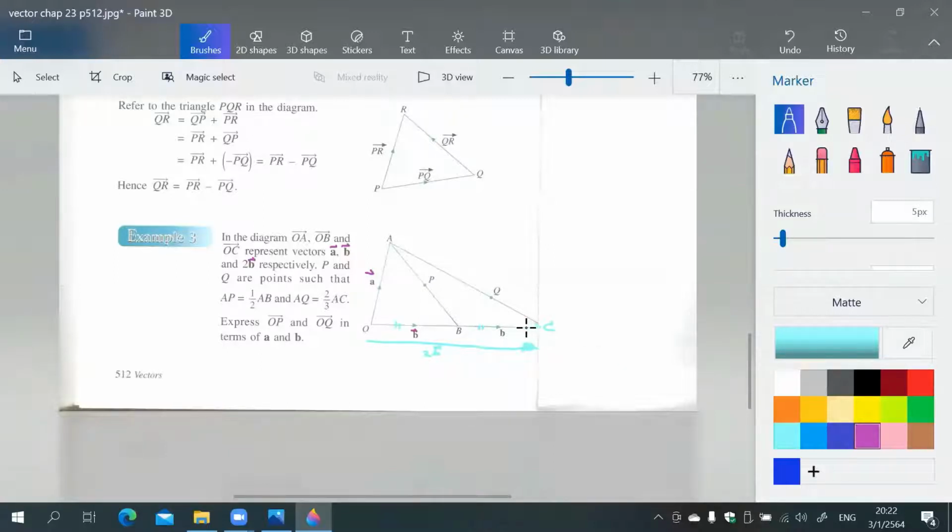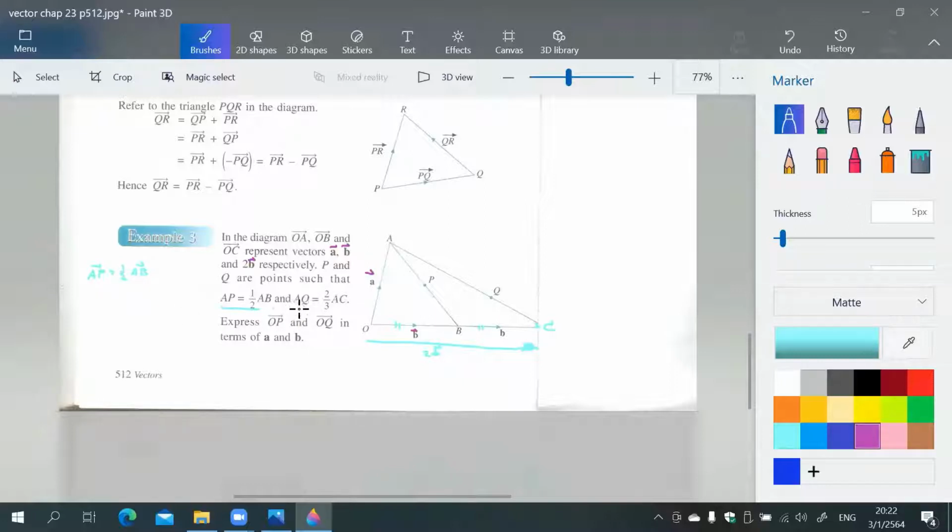Now next, P and Q are points such that AP equals 1 over 2 AB. This means the length of AP equals 1 over 2 the length of AB. At the same time, we can apply it as a vector: vector AP equals 1 over 2 of the vector AB.